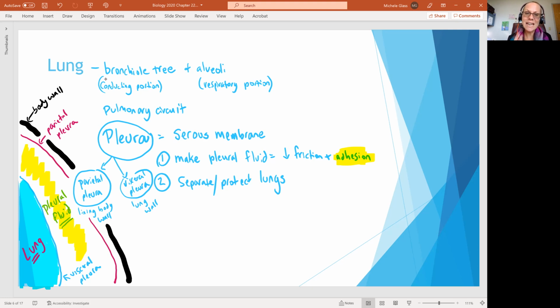So what we're going to see when we talk about breathing, we're going to be using skeletal muscle to change the size of the thoracic cage, and that's going to pull the lung with it. So the skeletal muscle of the thoracic cage is going to change the size of your lung. And that's how we're going to get air in and air out of the body.